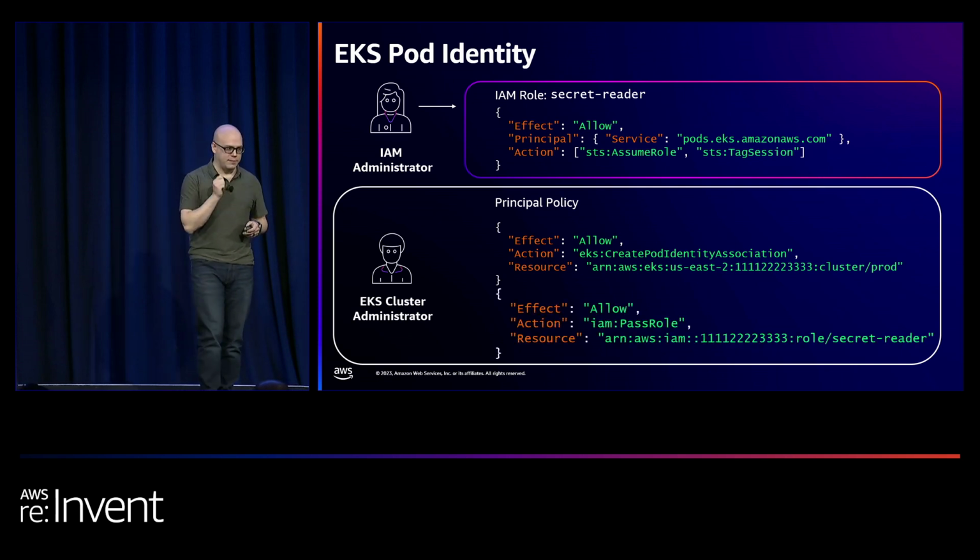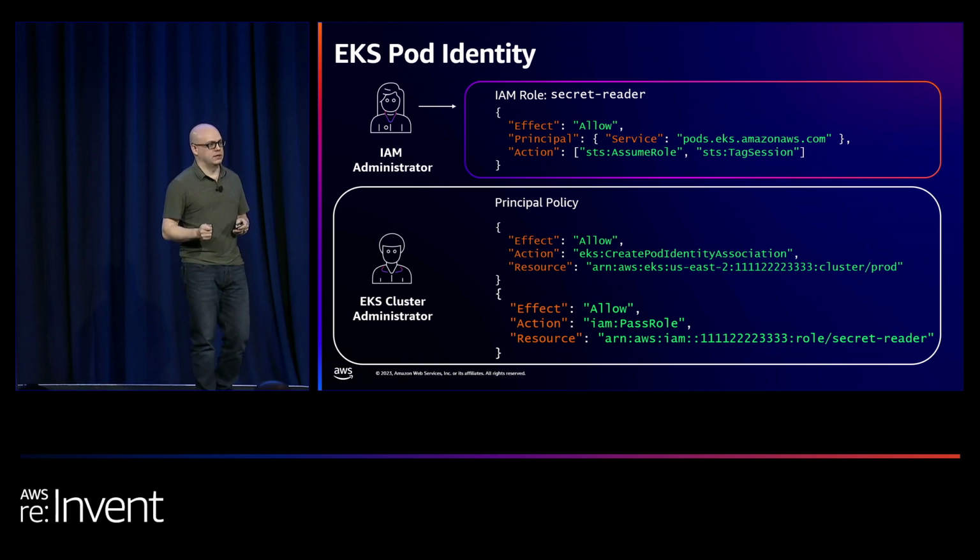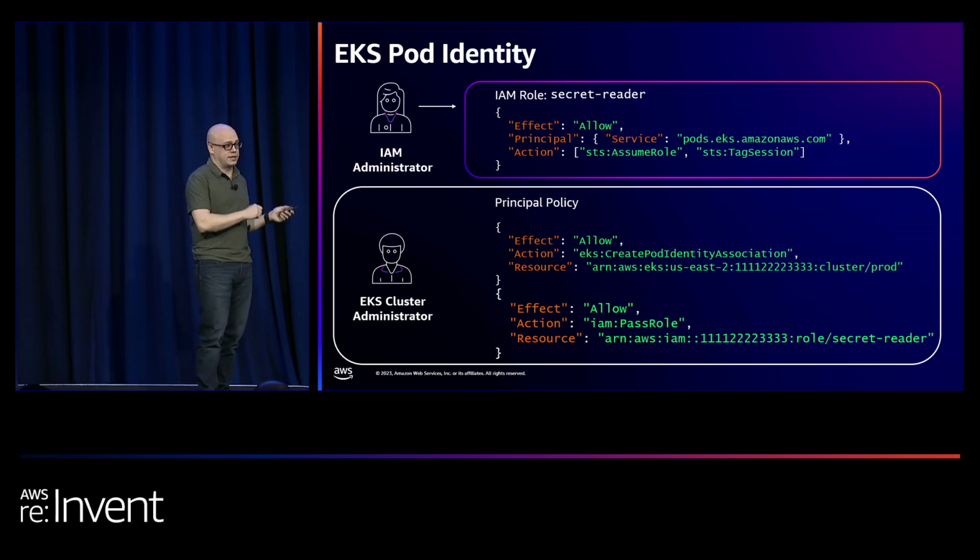I also have to give them IAM PassRole. PassRole is a key defense mechanism built into IAM that prevents privilege escalation. Just because the secret reader role trusts EKS doesn't mean your cluster administrator is allowed to use that role. They also have to have PassRole on that role. So that's one of the key protections in this new API, is enforcing that check.